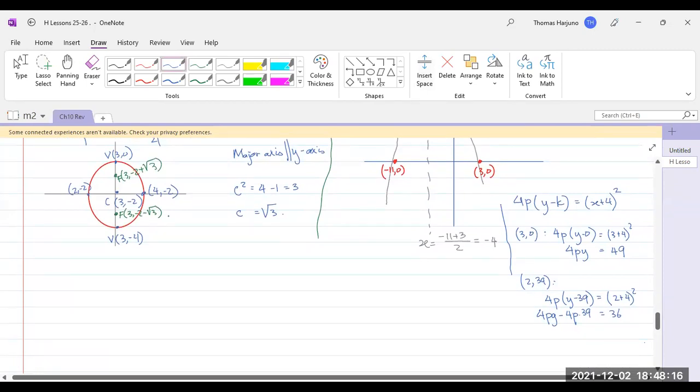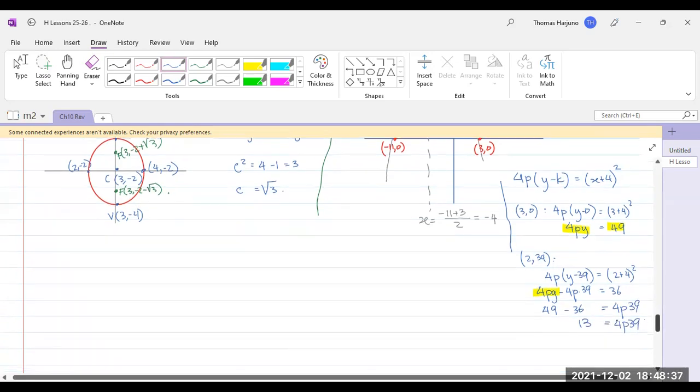But 4py is 49, so 49 minus 36 equals 4p times 39. That's 13. So 4p is 1/3.